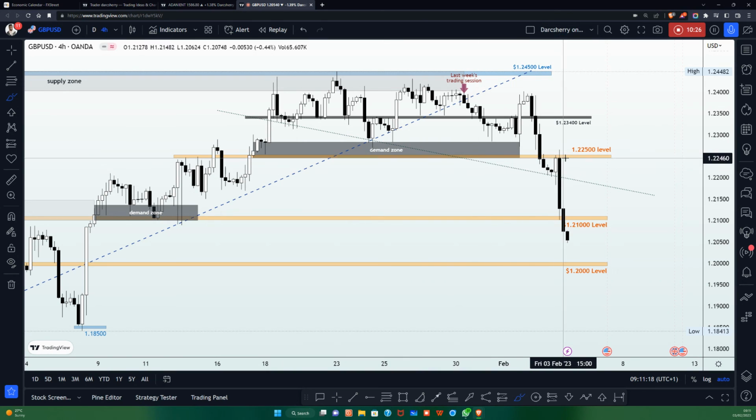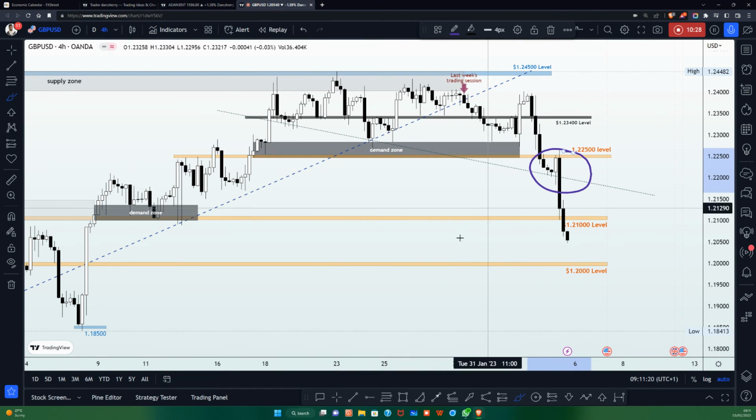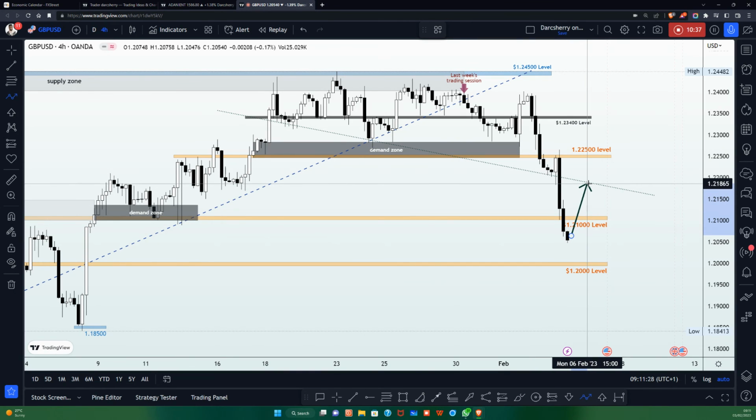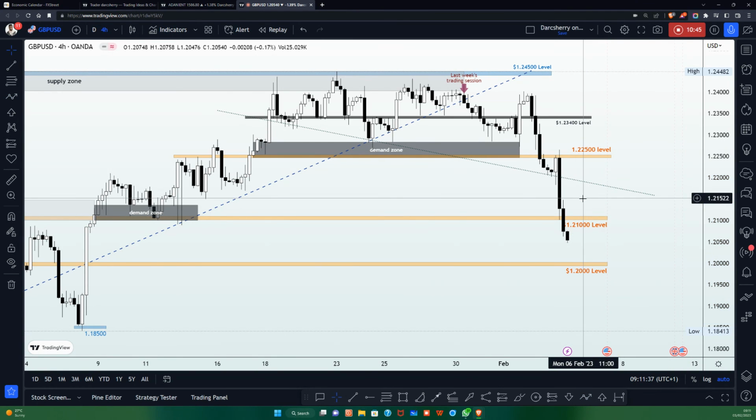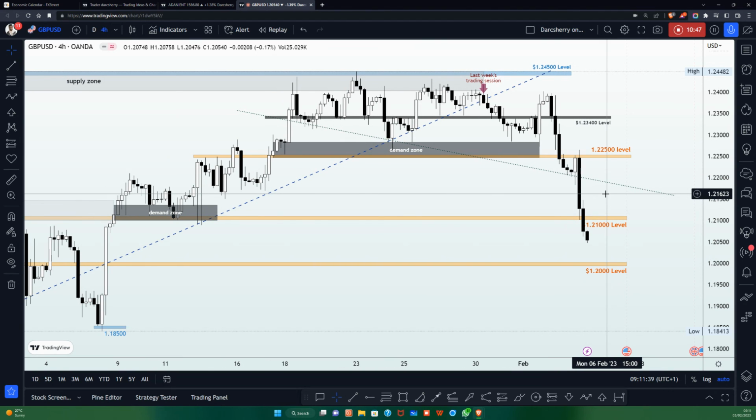And I'm of the opinion that since we have a structure around this area, the 1.22500 sharing a beautiful confluence with that trend line, we might also have a situation where price might come back to do a retest of this level or this area here to incite another wave of bearish momentum. So we shall be keeping all this in mind as we anticipate this new week.